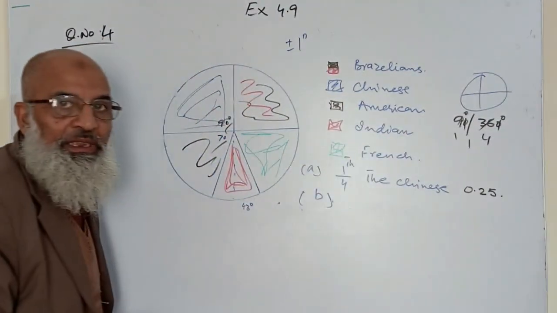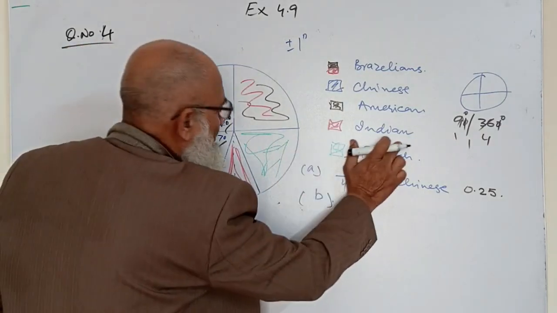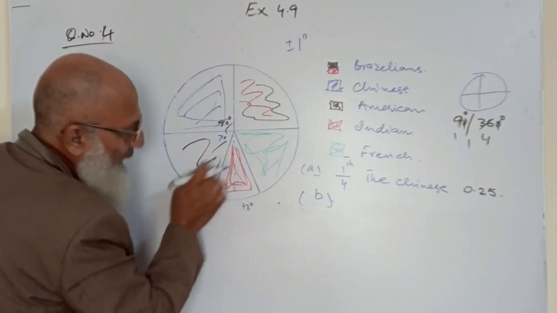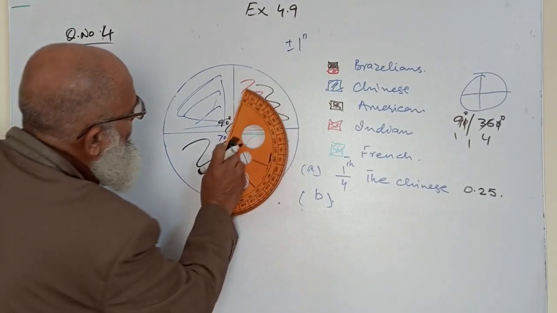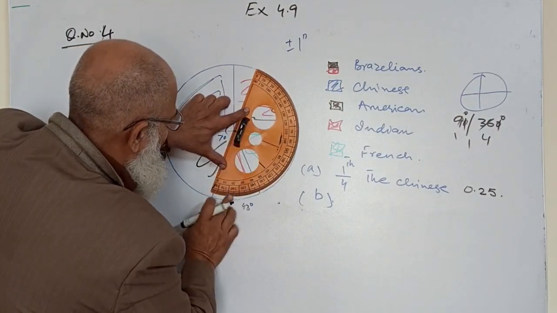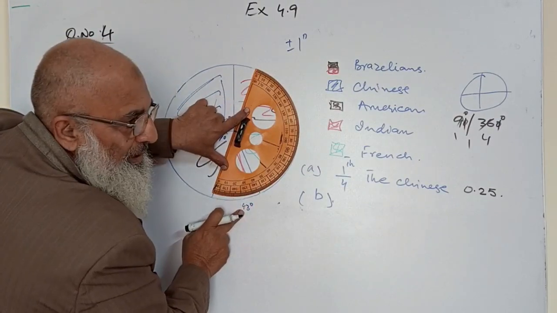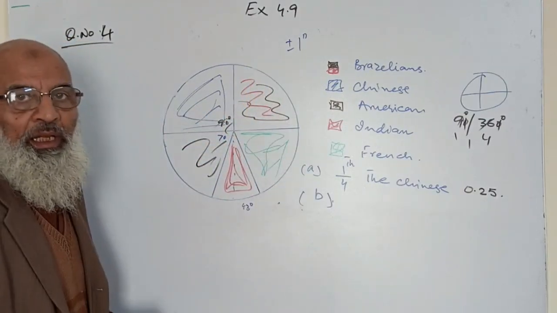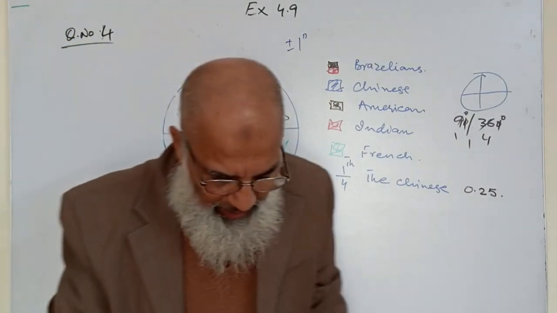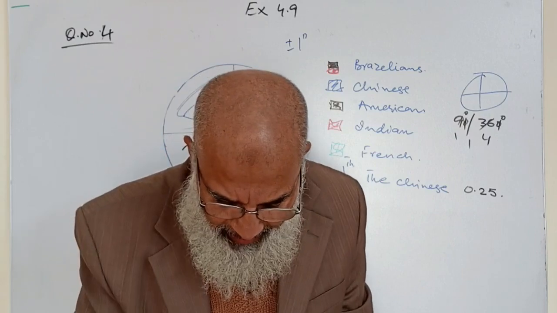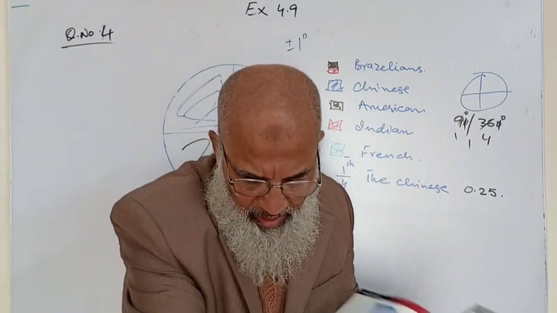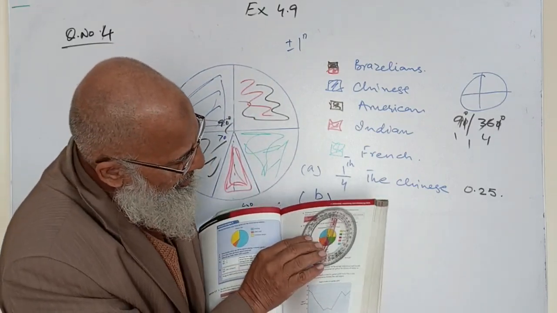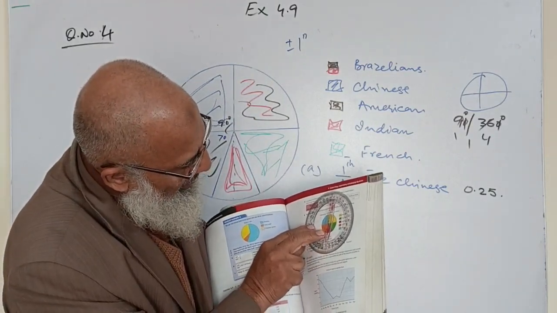These are the Indian students. The red one are the Indian students. Now, I have to measure the angle from here. As per the book, my angle is 43 degrees, but if I measure it with the smaller protractor, it will be 38 degrees.